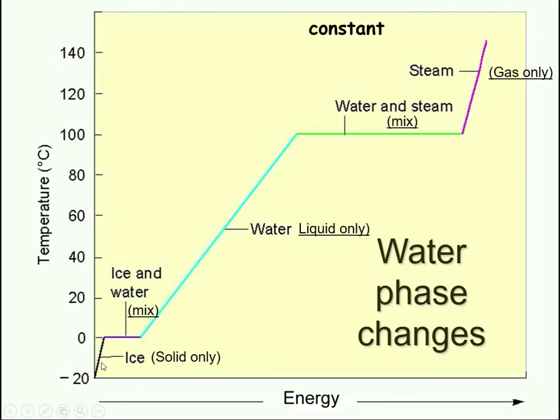It's going to be ice, solid ice. But at 0 degrees, as you add energy across the bottom, the phase change takes place. And while the phase change is taking place, the temperature does not change. While you're melting ice, your water does not change temperature.